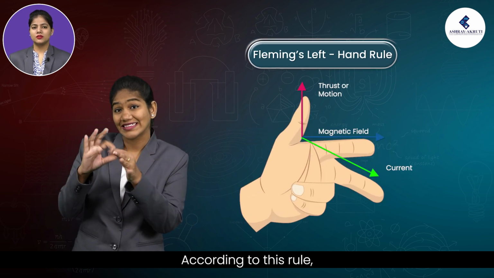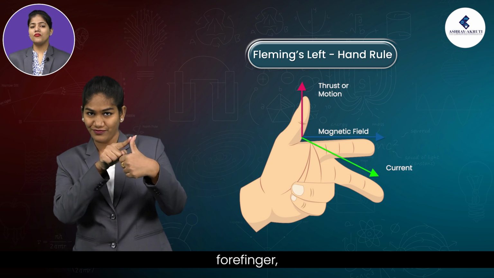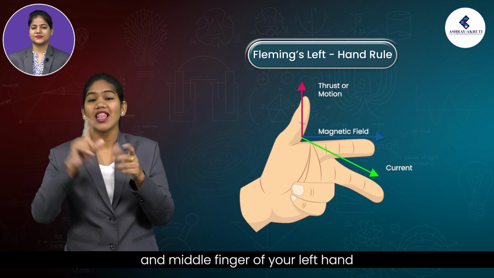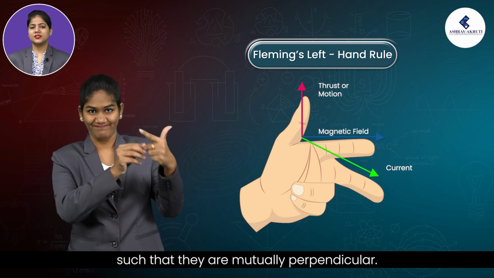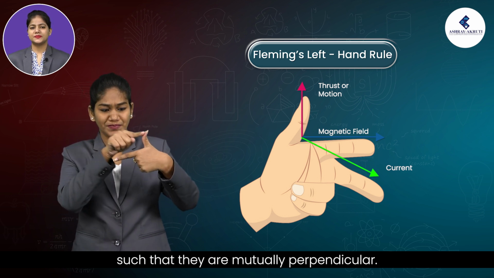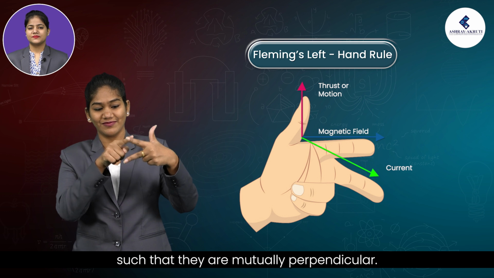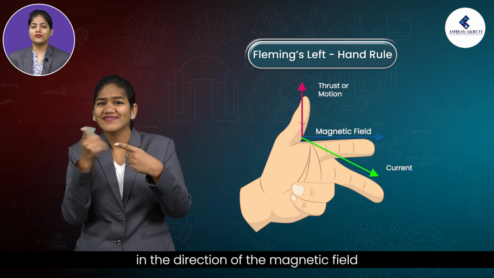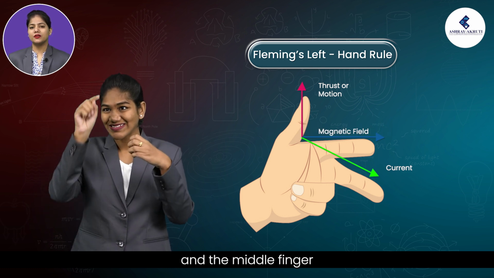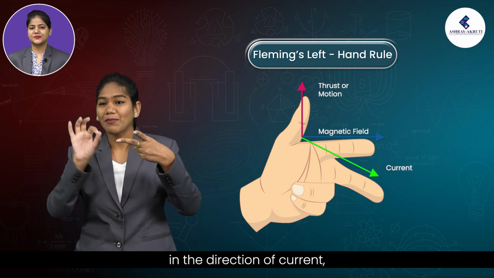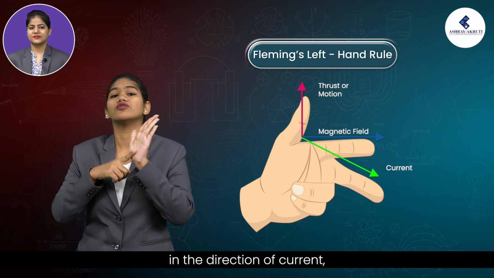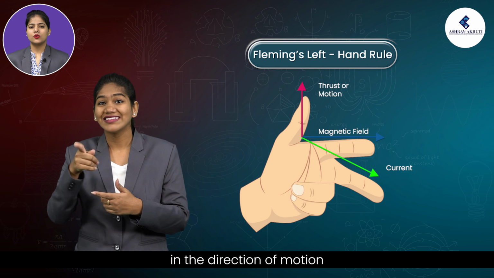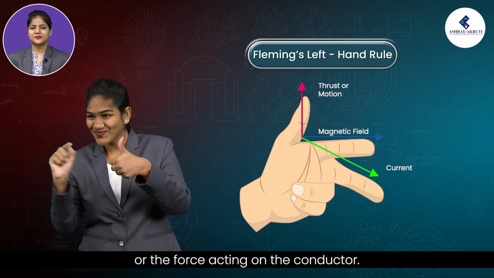According to this rule, stretch the thumb, forefinger and middle finger of your left hand such that they are mutually perpendicular. If the forefinger points in the direction of the magnetic field and the middle finger in the direction of current, then the thumb will point in the direction of motion or the force acting on the conductor.